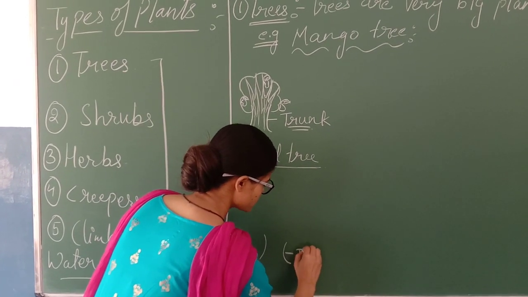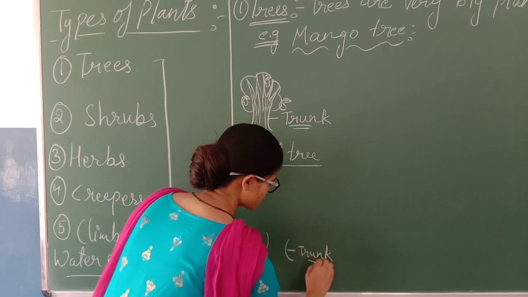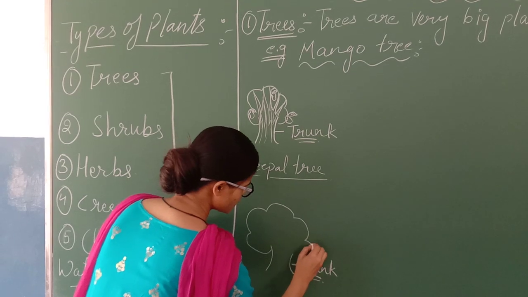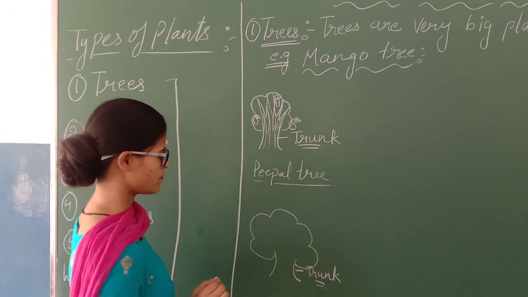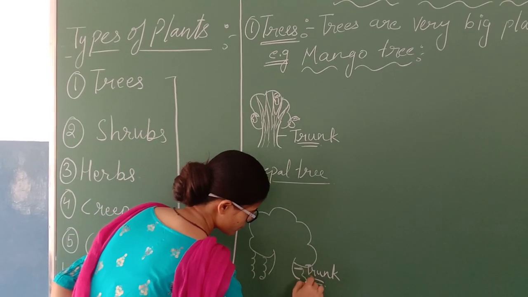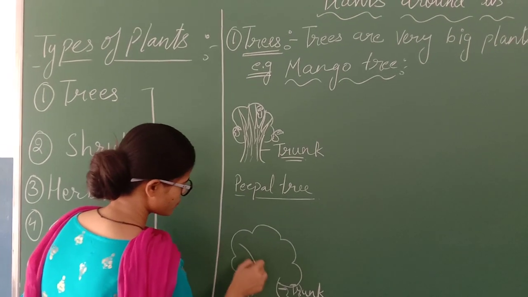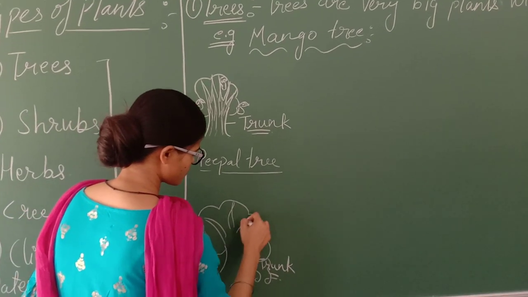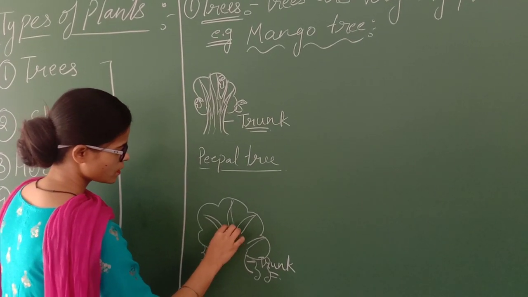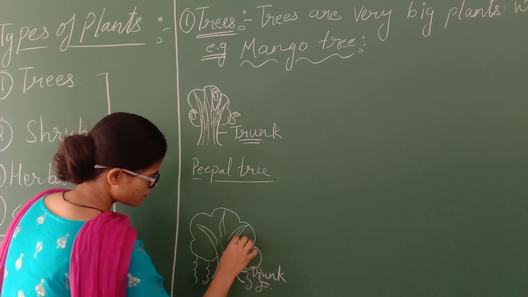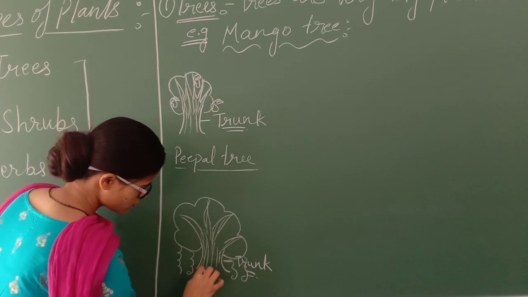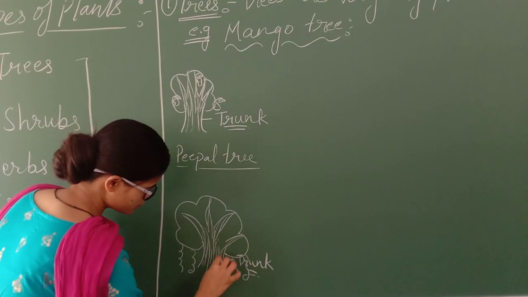This is the trunk. Now the peepal tree is bigger than the mango tree. This is the peepal tree. Draw this tree in your notebook, beta, and color it also.